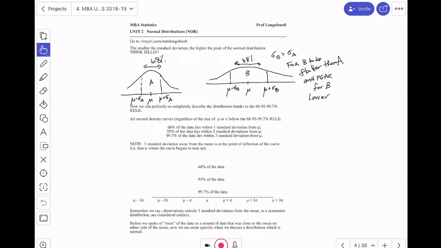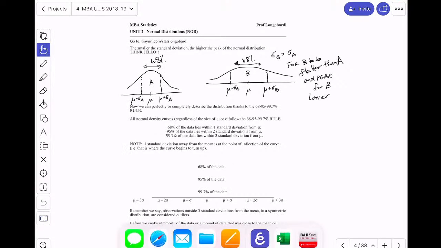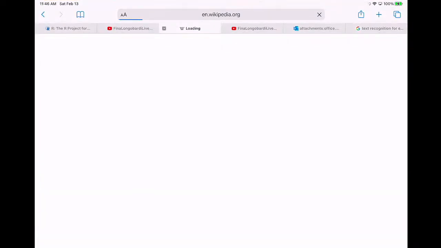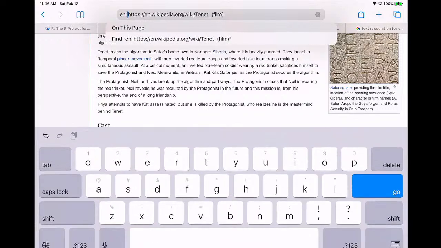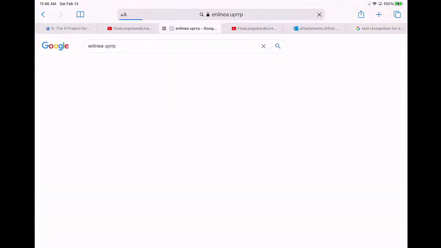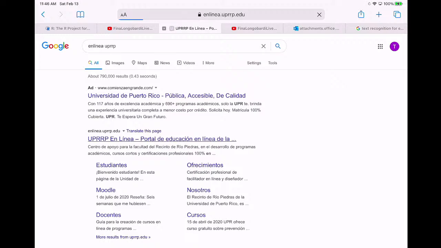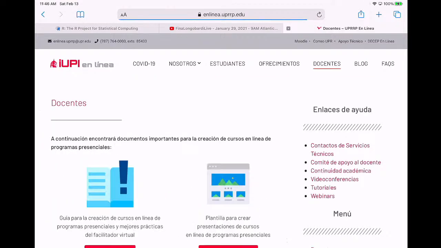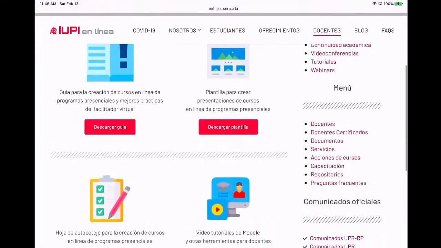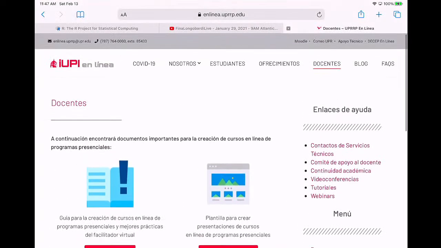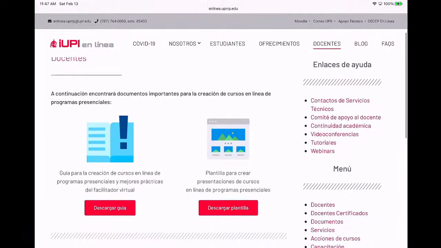If I was to take a screenshot, I can go to Moodle. This looks very different than I'm used to.